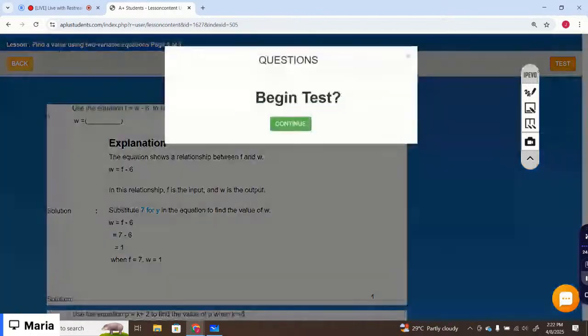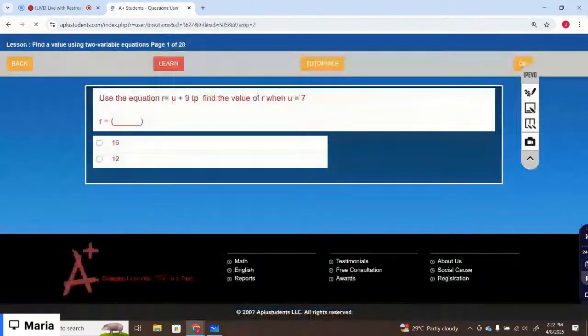Let's just start with the test questions. Solve the equation r equals u plus 9 to find the value of r when u equals 7.